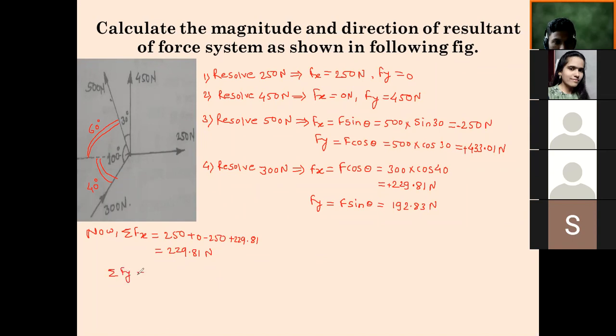Next, summation Fy. 0 plus 450. Next, plus 433.01, plus 192.83.